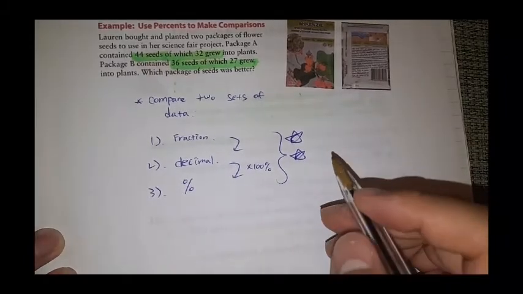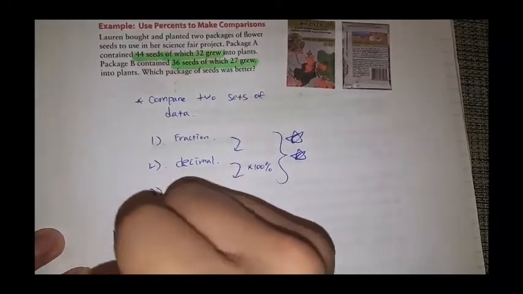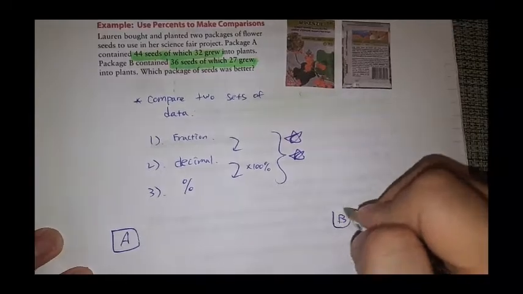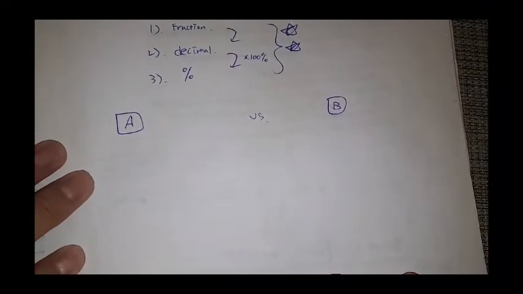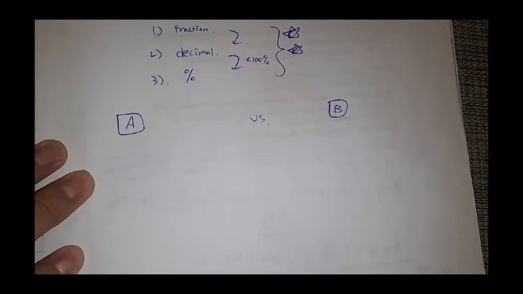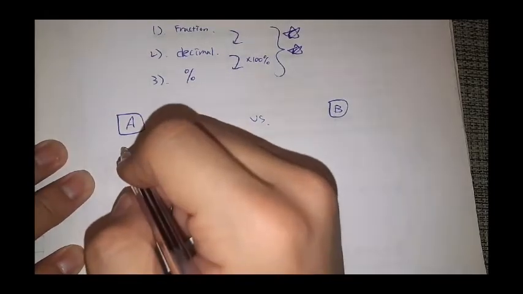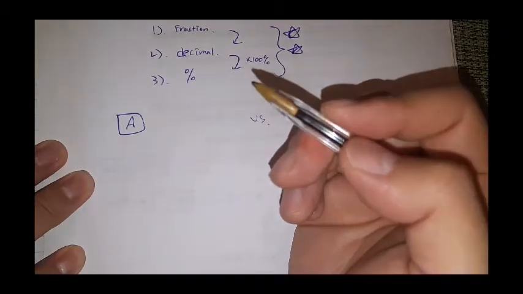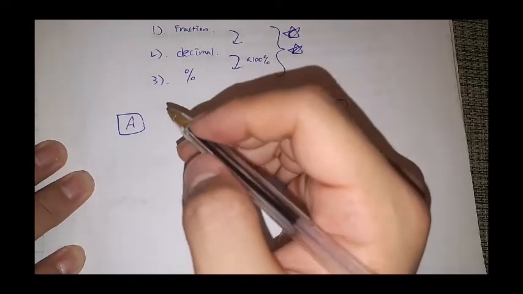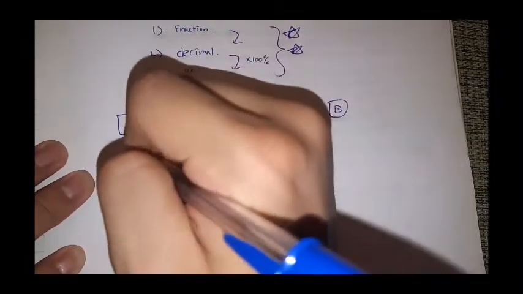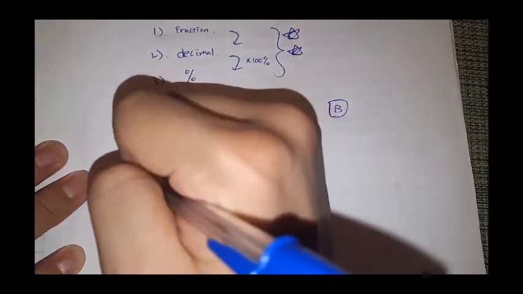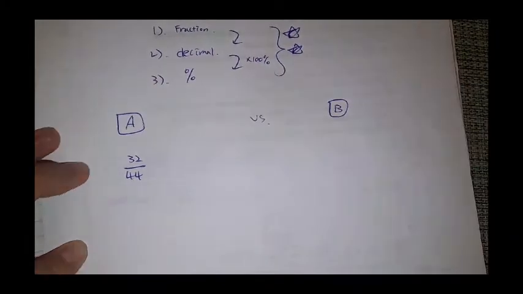I want you to give it a shot with this. Let's do package A over here, package B over here, and we're doing versus in between. The first one is 44 seeds and 32 out of it grew, so my fraction is 32 over 44.